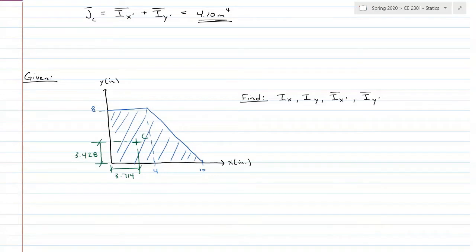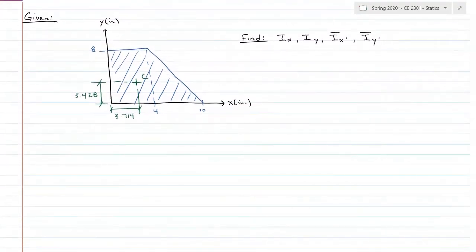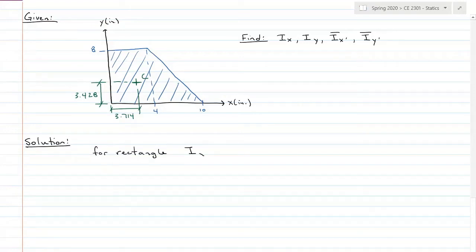All right. For the rectangle, Ix will equal base times height cubed divided by 3. Iy will equal height times base cubed divided by 3.